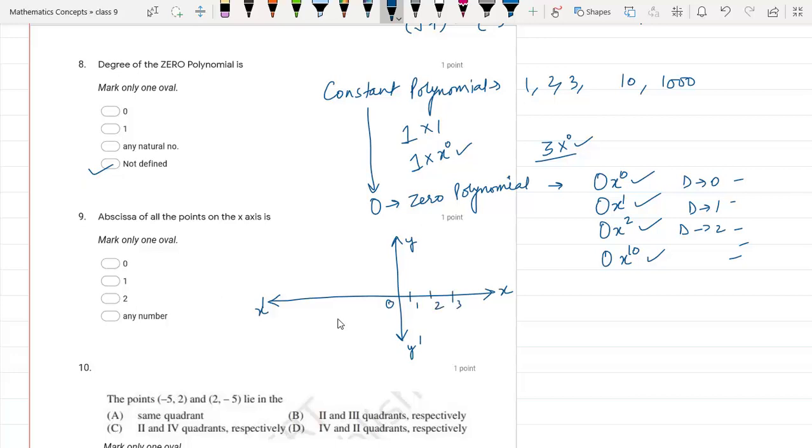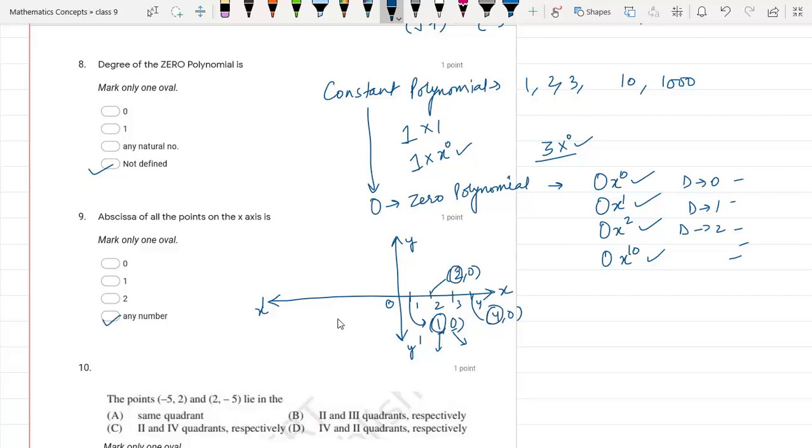The coordinate of this point is 1, 0, because y is always 0 on the x-axis. Then 2, 0, and this is 4, 0. This x coordinate is known as abscissa. Y coordinate is known as ordinate. So we can observe the abscissa of all points is changing. Here it is 1, here it is 2, here it is 4. It is not fixed. So we can say it can be any number.